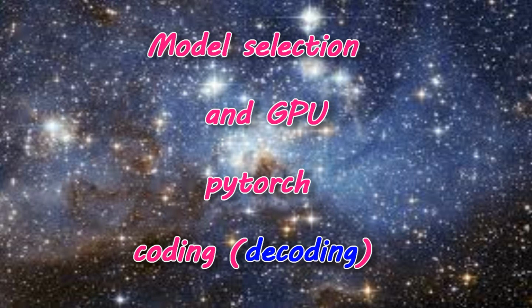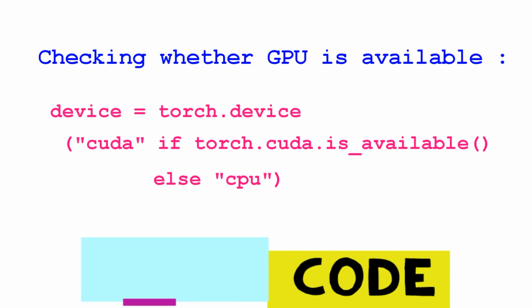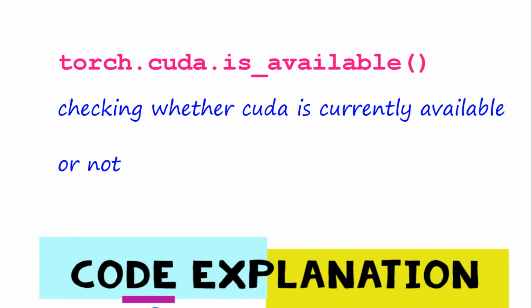Hi, in this part we are going to see how to write code for model selection and GPU availability. First we will look for whether GPU is available so that CUDA will run on top of it. So if CUDA is available, then we will use GPU, otherwise we will load the training on the CPU.